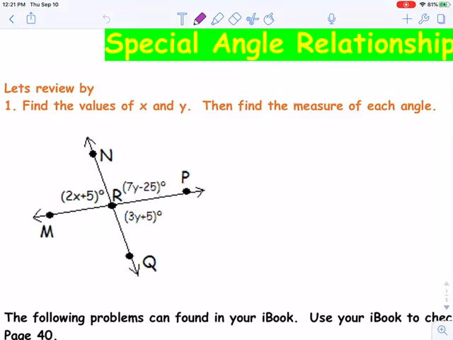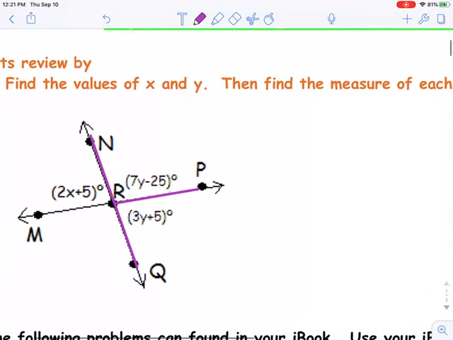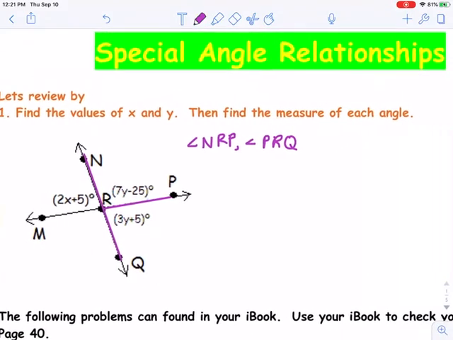Between x and y, looking at this problem, I actually have to find y first. If I analyze it, look what I have here: a linear pair. Really fast, I can say angle NRP and this angle form a linear pair. Remember, we have to be able to identify angles using three letters.